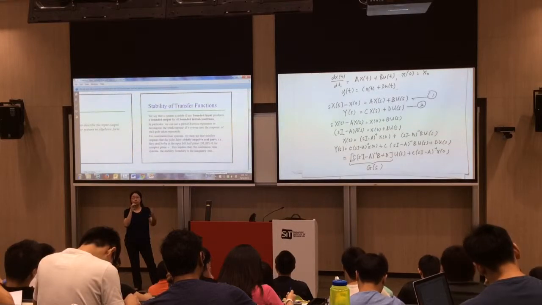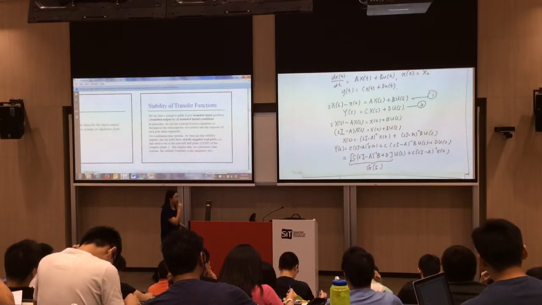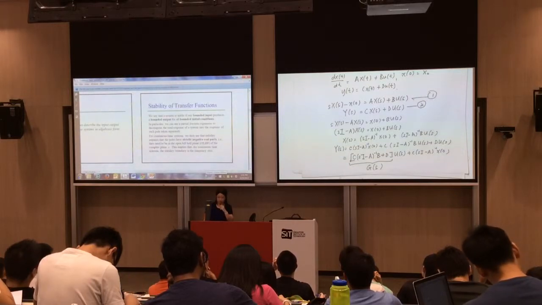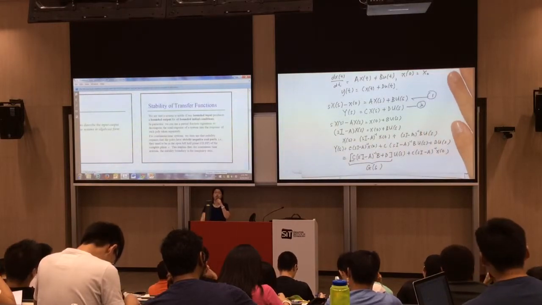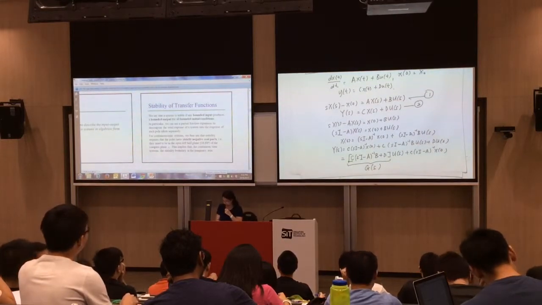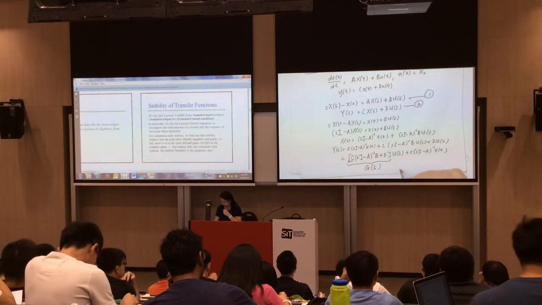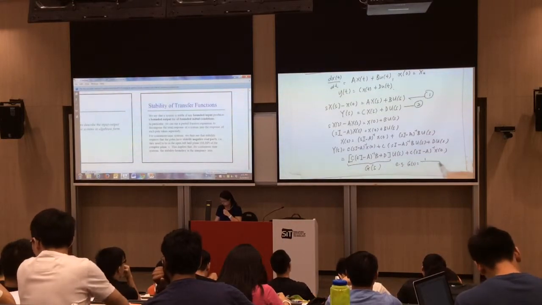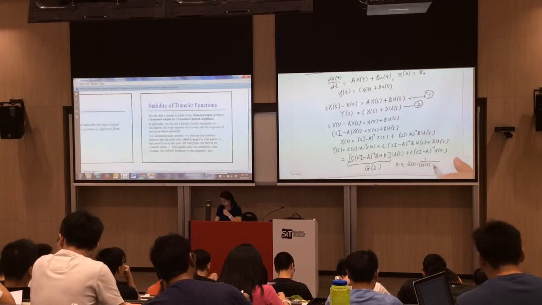This tells you how the roots of this transfer function will behave. For example, G(s) is 1 over (s plus 1) times (s plus 2).